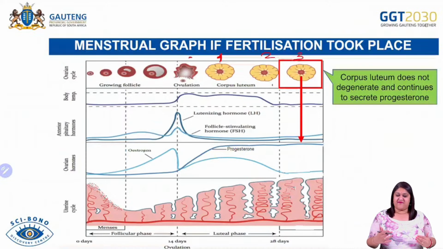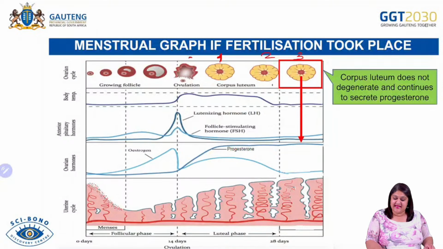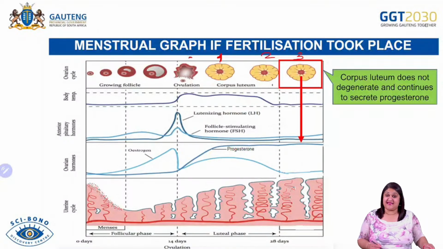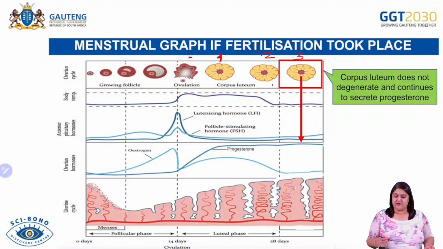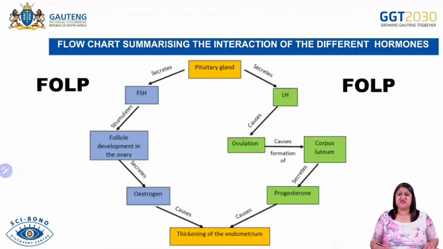So we need to have our progesterone levels high. So that is what this graph is showing you, that if you see a graph where the progesterone levels remain high after day 28, and we've got the corpus luteum that does not shrink after day 28, then we know that fertilization has occurred.